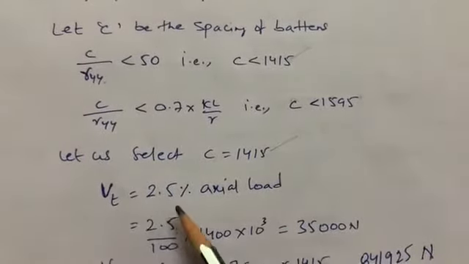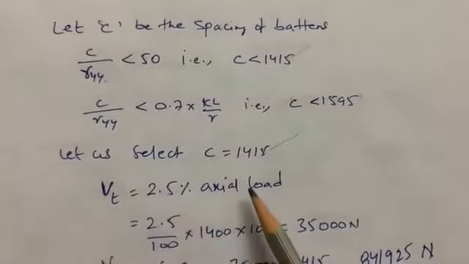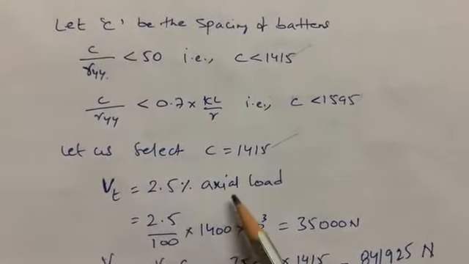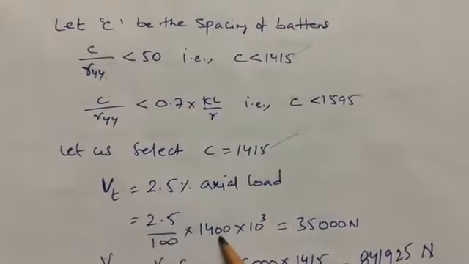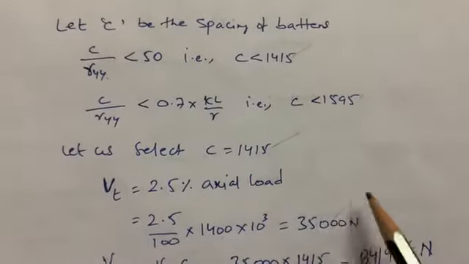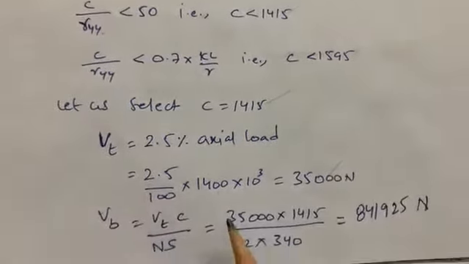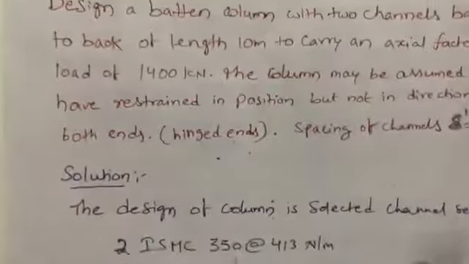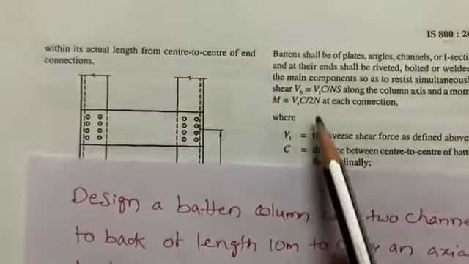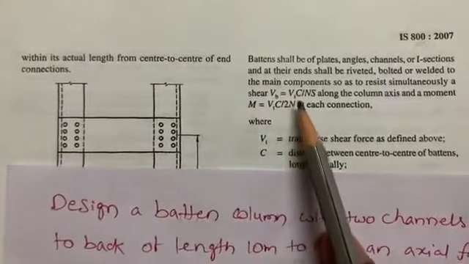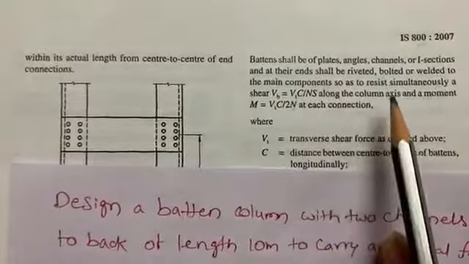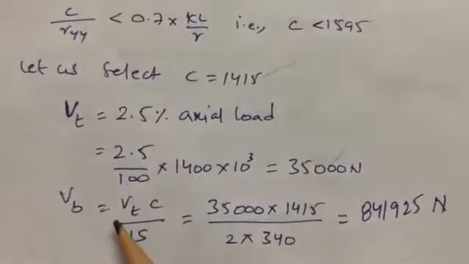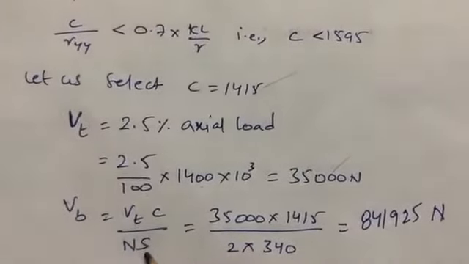So VT is transverse shear, 2.5% of axial load. So 2.5% means 2.5 by 100. The axial load we know, which is given in the question, 1400 kilonewtons. So I got 35,000 newtons. After that we need to calculate the VB value. Here in the code book I will show you. This is VB equals VT C by N S along the column axis, and we need to calculate the moment as per the design specifications.